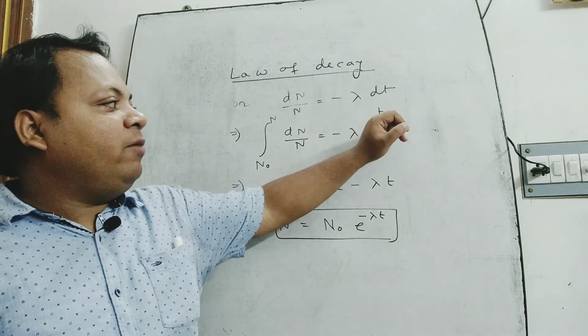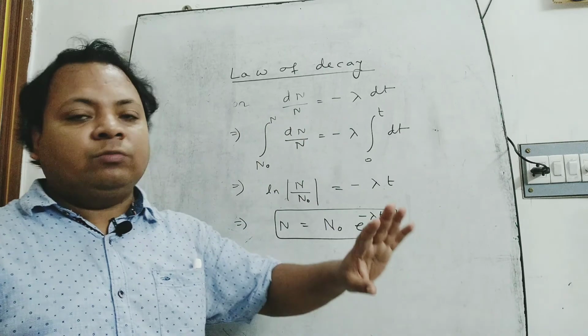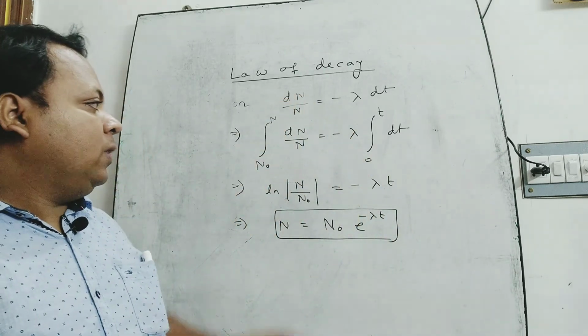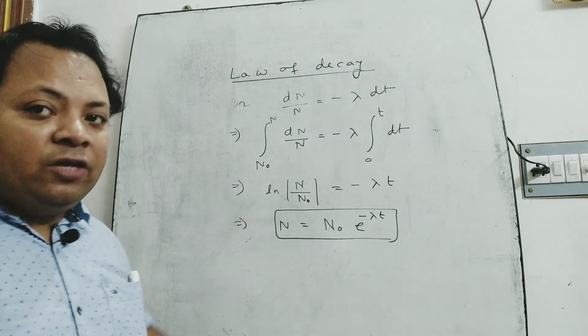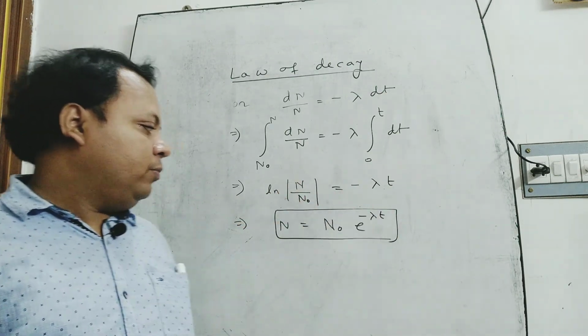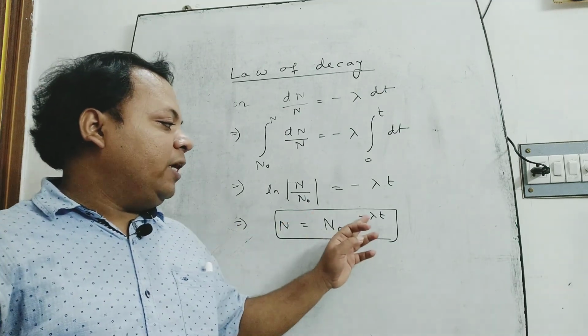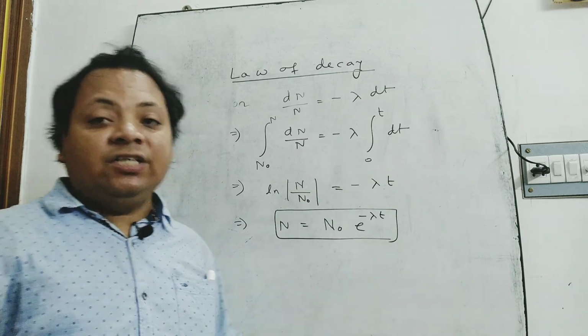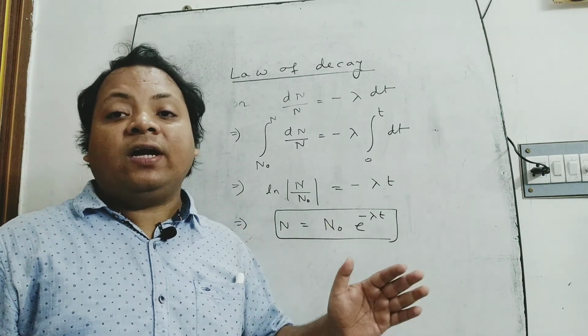When time is t, the number of radioactive atoms is capital N. By integration, we have ln, that is log base e, N by N0 is equal to minus lambda t. This gives capital N is equal to capital N0 e to the power minus lambda t. This is known as the exponential law of radioactive decay.